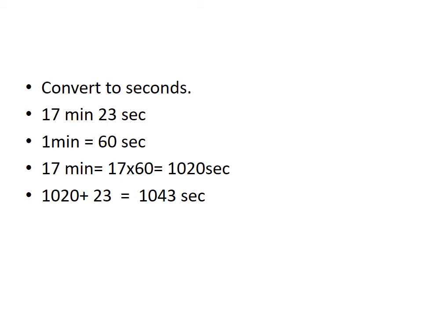Yes. 1 minute is equal to 60 seconds and 17 minutes is equal to 17 multiplied by 60, 1020 seconds. Then already 23 seconds are there, then you have to add 23 seconds in 1020 seconds. Answer is 1043 seconds.